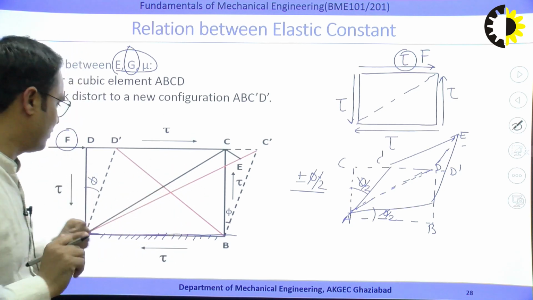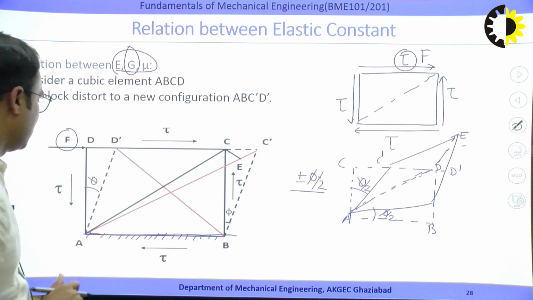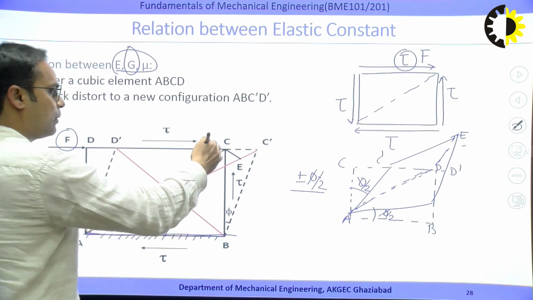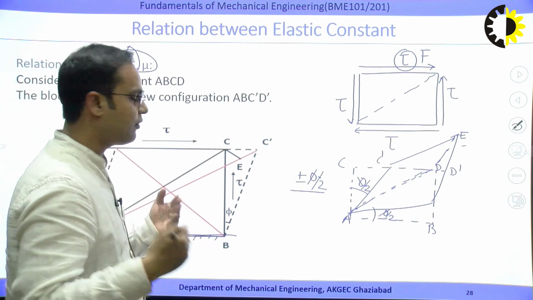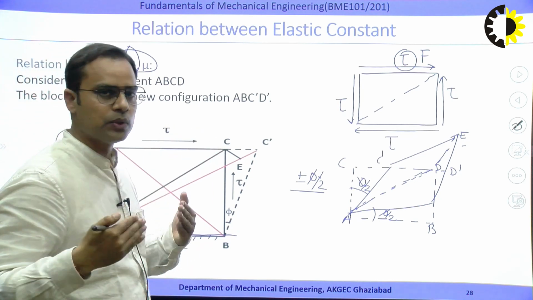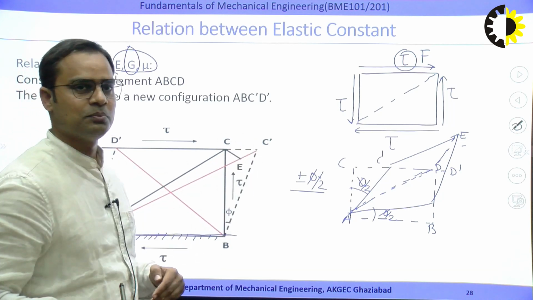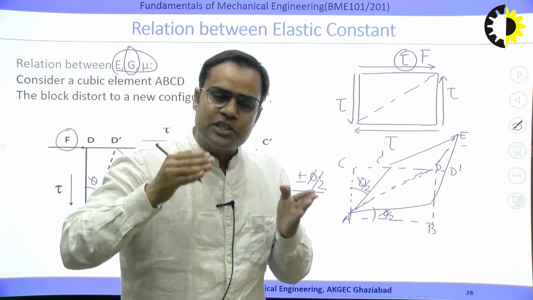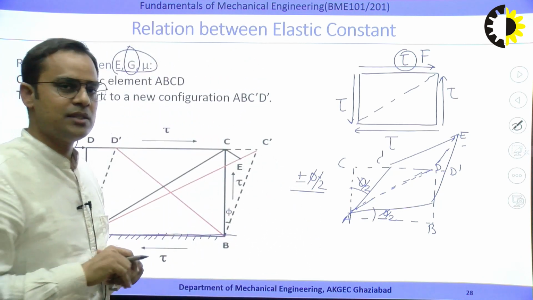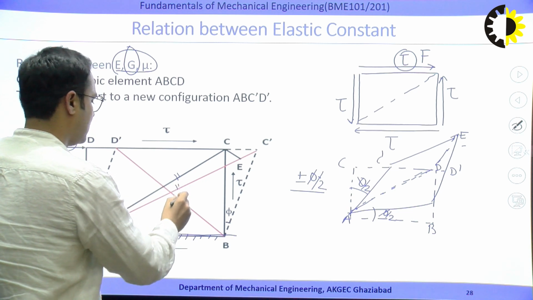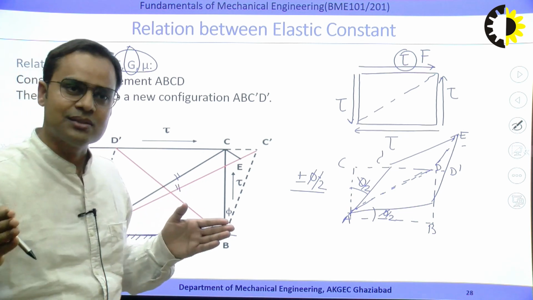Initially the diagonal position is AC. After the application of the tangential force, the diagonal becomes AC dash. So we can compare both the diagonals. The length of the diagonal will increase.